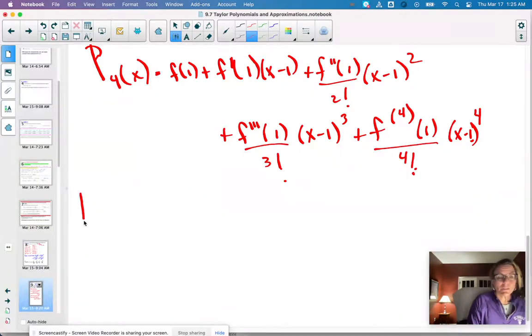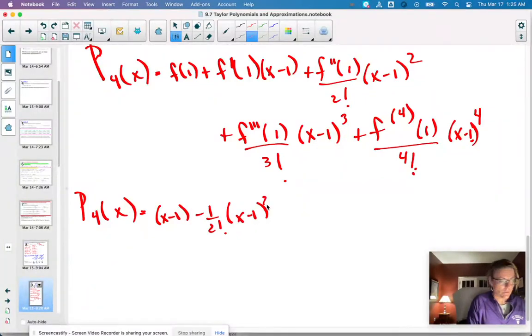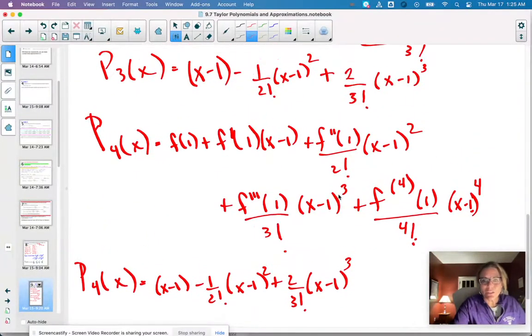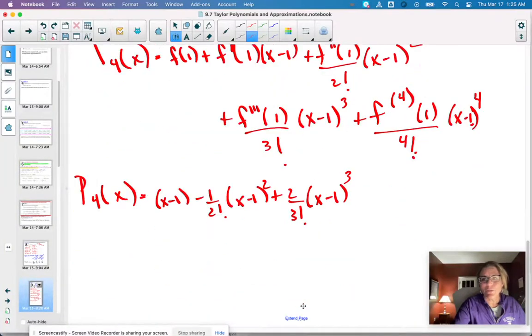All right. So we have x minus 1, minus 1 over 2 factorial x minus 1 squared, plus 2 over 3 factorial x minus 1 to the 3rd, which is really just grabbing the polynomial of degree 3. That's all that is, if you can see the pattern as we've gone.